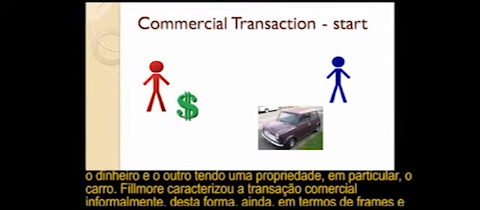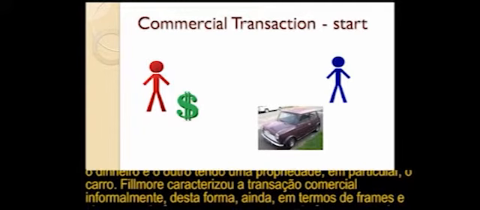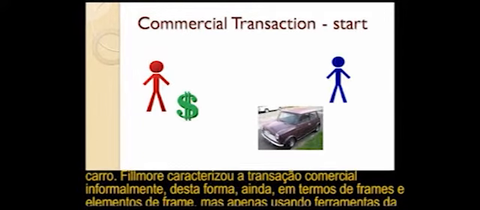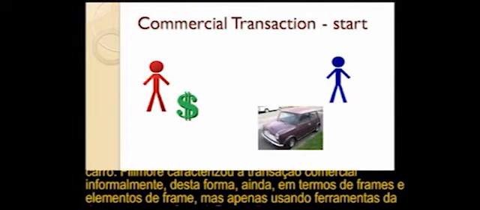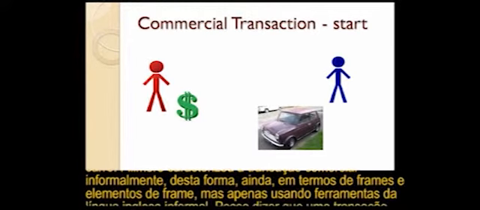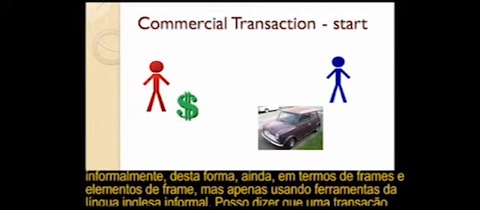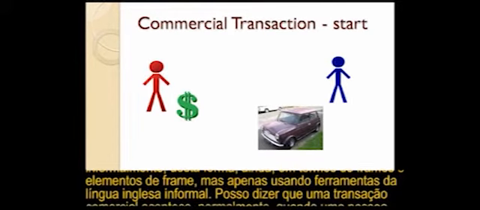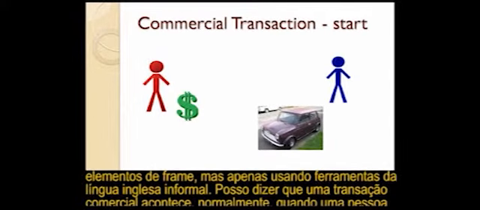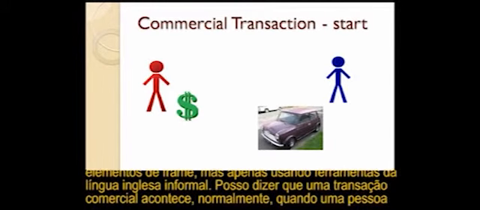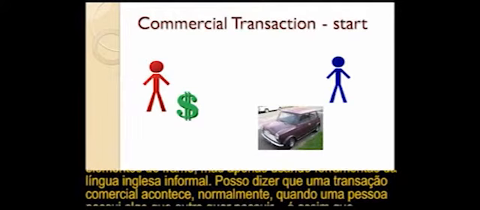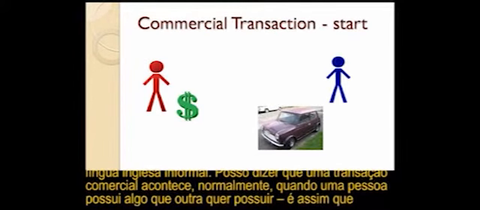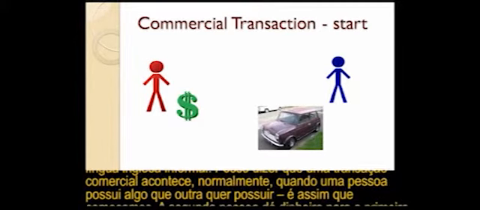So if I want to characterize the commercial transaction informally, not yet in terms of frames and frame elements, but just using informal English language prose, I can say that in a commercial transaction, what happens is one person owns something that another person wants to own. That's how we start.